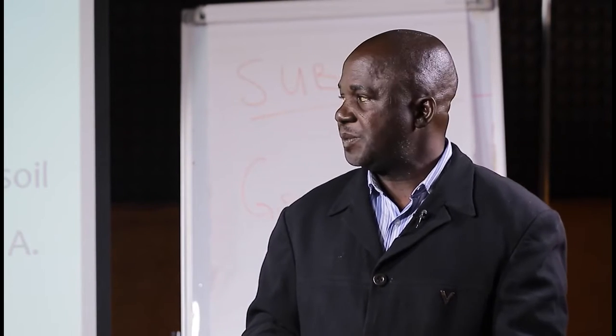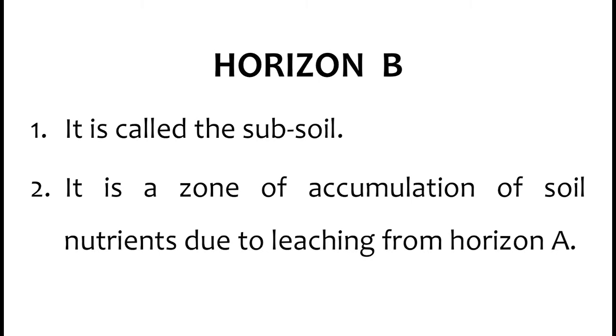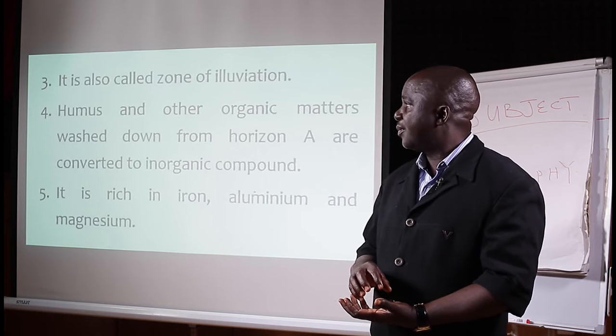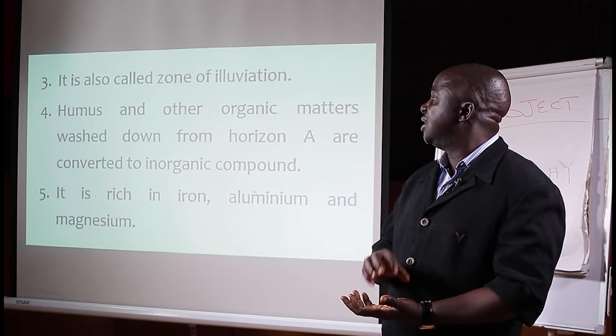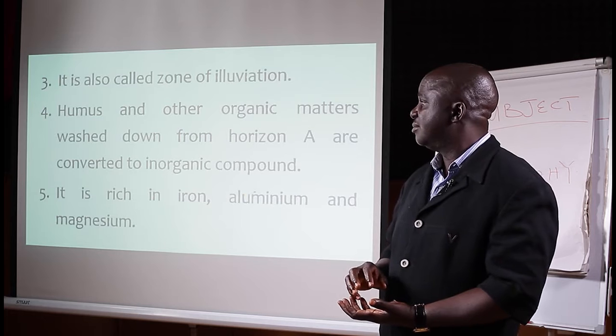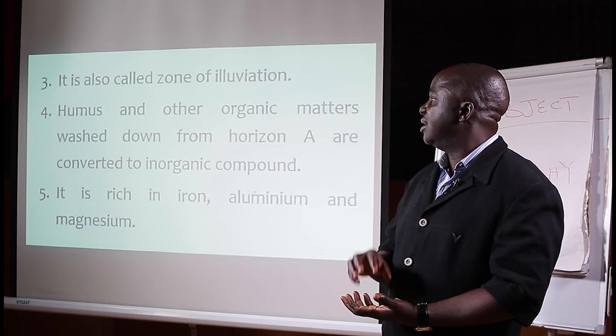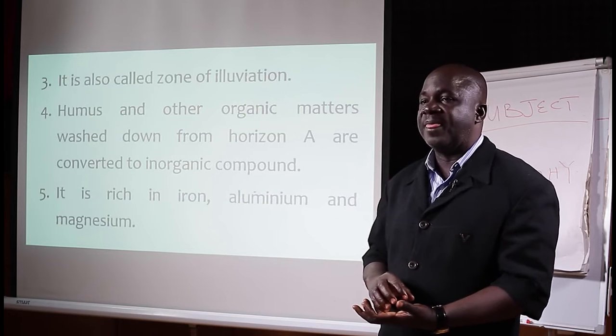Horizon B. Horizon B is also called the subsoil. It is a zone of accumulation of soil nutrients due to leaching from horizon A. 3, it is also called the zone of eluviation.